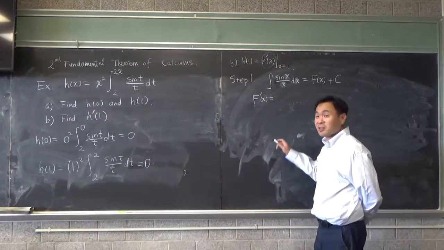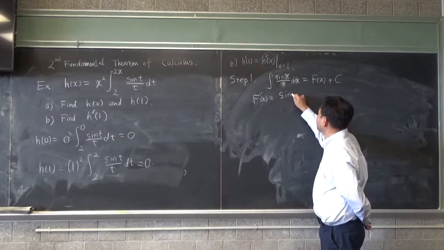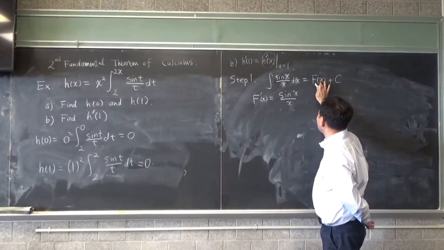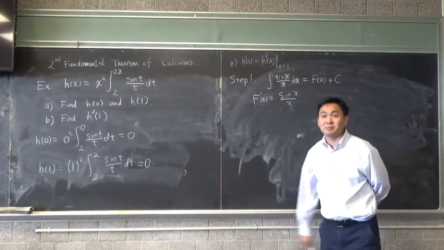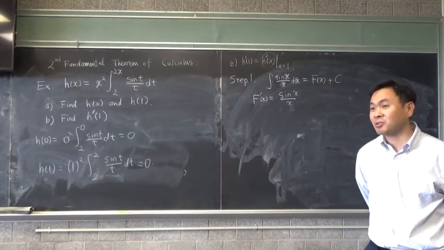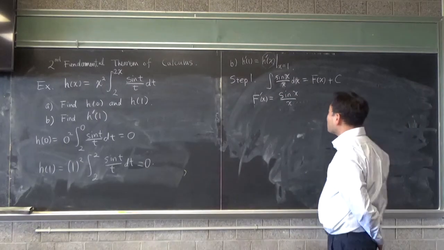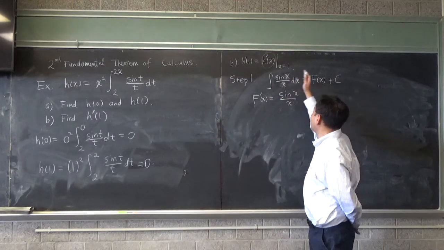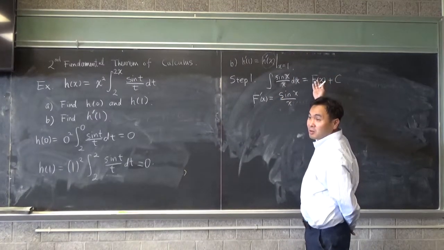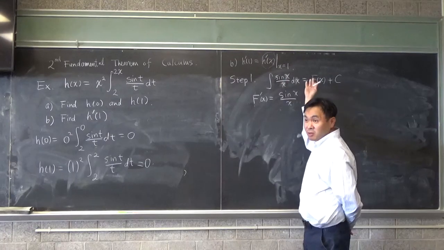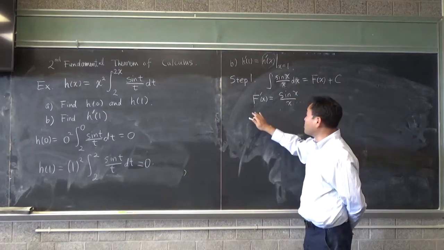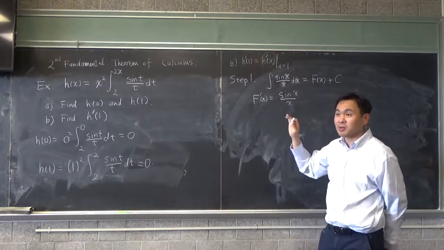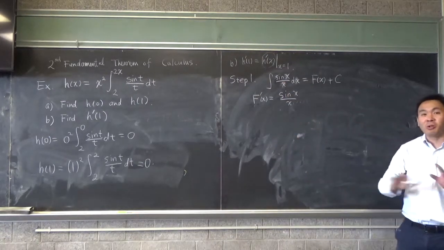Sine x over x. Yes. If you integrate this to get that, then you differentiate that, it will give you this. Obviously, right? And that's what you want to write down. Your step one should always be to assign a name for the antiderivative, and then make sure that you remember that the derivative is what's inside the integral. That's something that you should do for all of these questions.